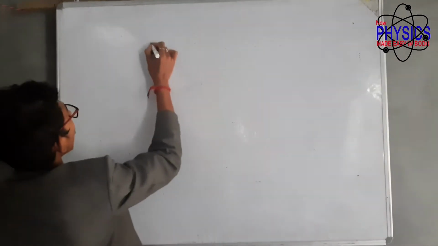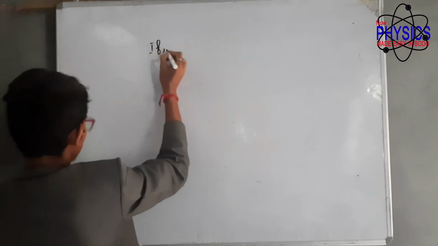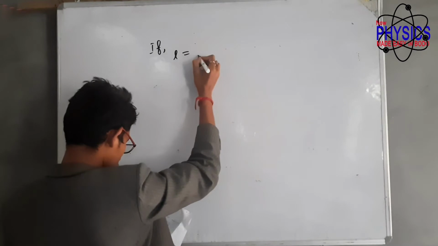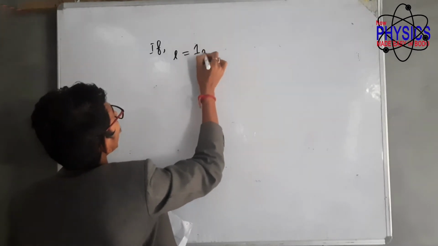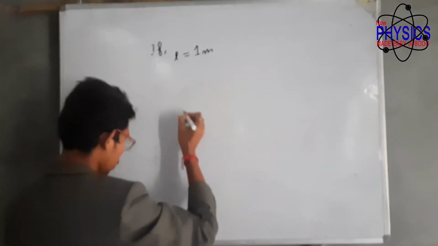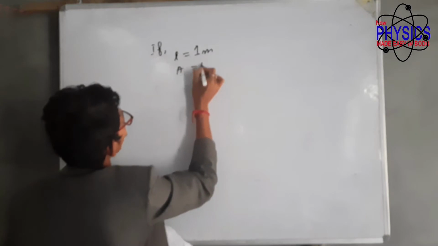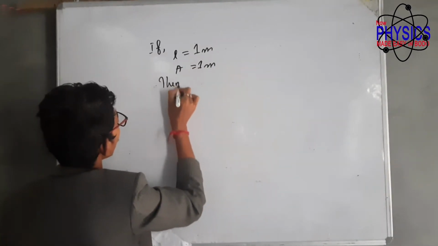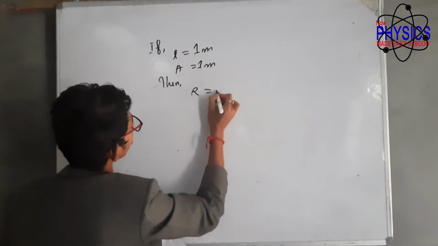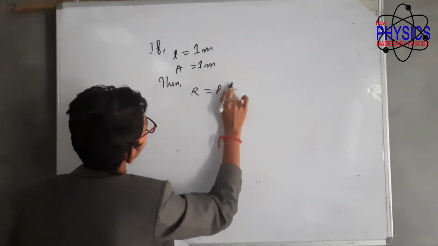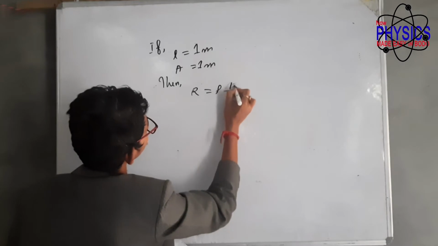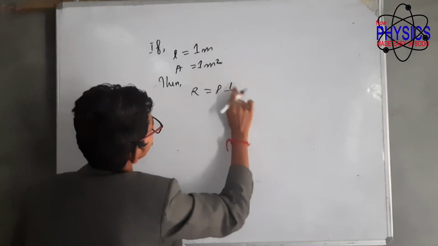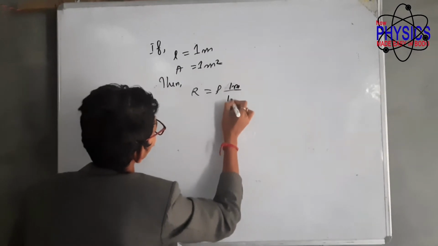Suppose the length of the conductor is 1 meter, and the cross-sectional area is 1 meter square. Then R equal to rho L by A, that means 1 meter by 1 meter square.